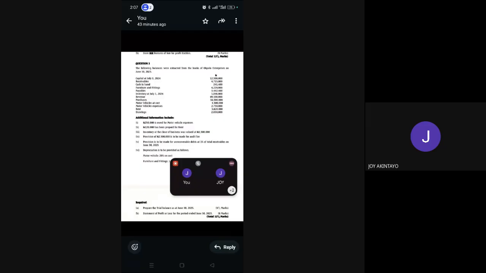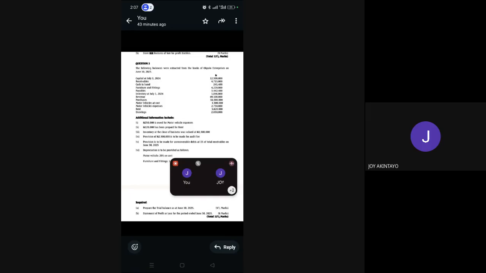The motor vehicle at cost. Where are we putting our motor vehicle, and what's the reason? It will be on the debit side.